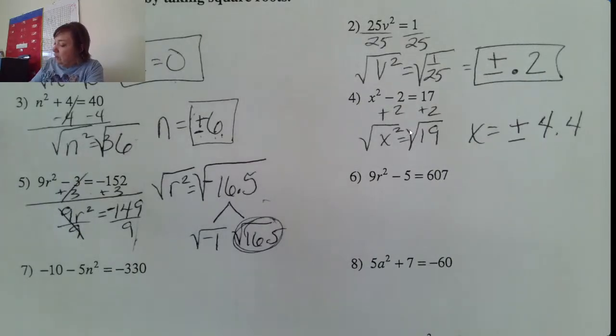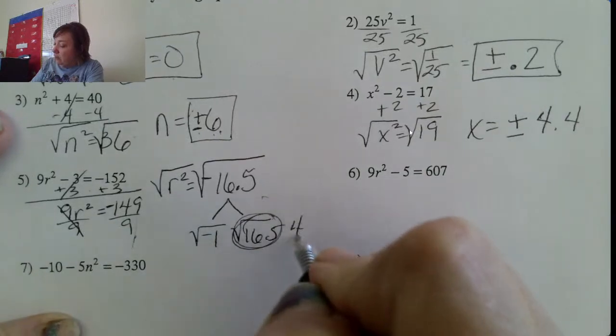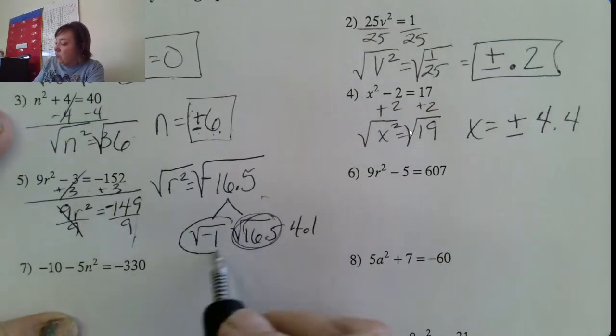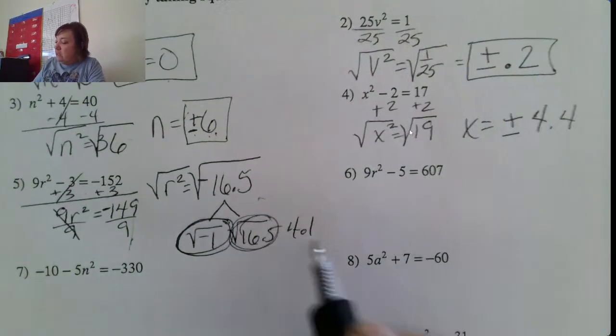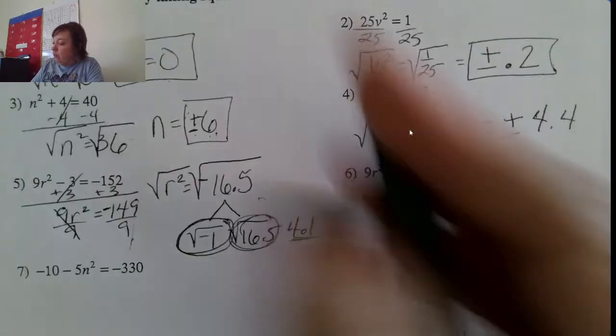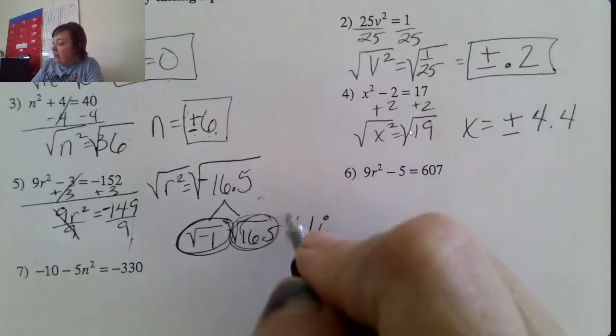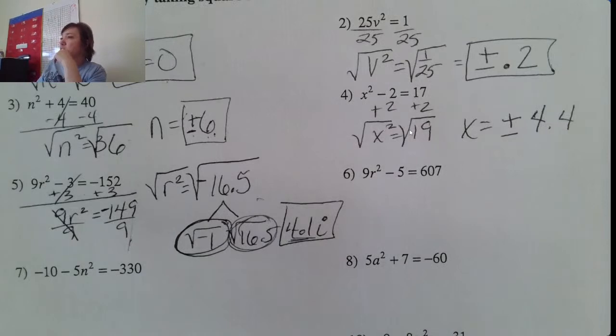So that's going to be 4.1. And then we're going to just take this part of it, the square root of negative 1. We're going to call it i. It's going to stand for the imaginary part of this number. So this stands for the real part of the number, but then we're going to tack on this i and call that an imaginary number. And boom, I just took the square root of a negative number.